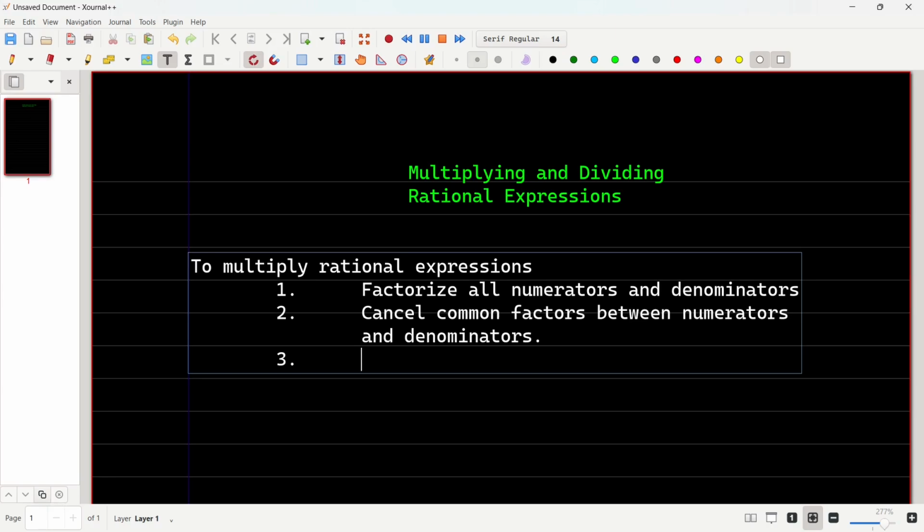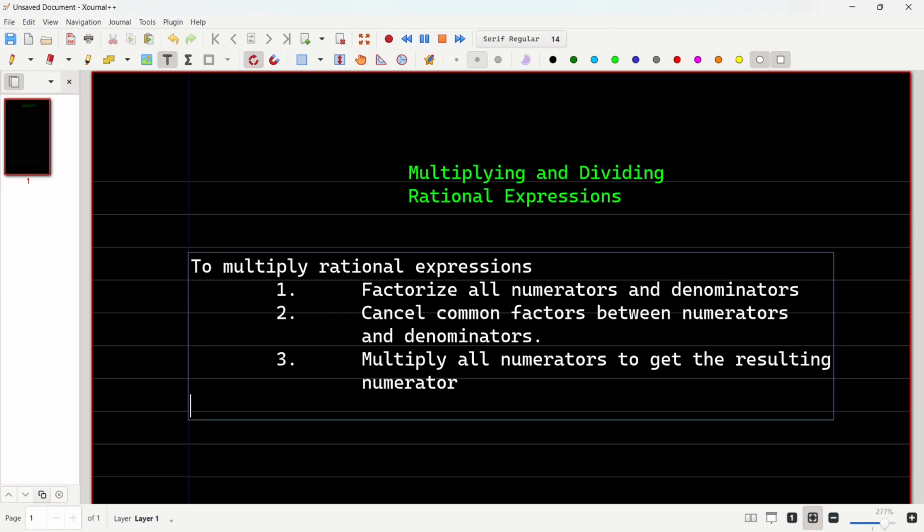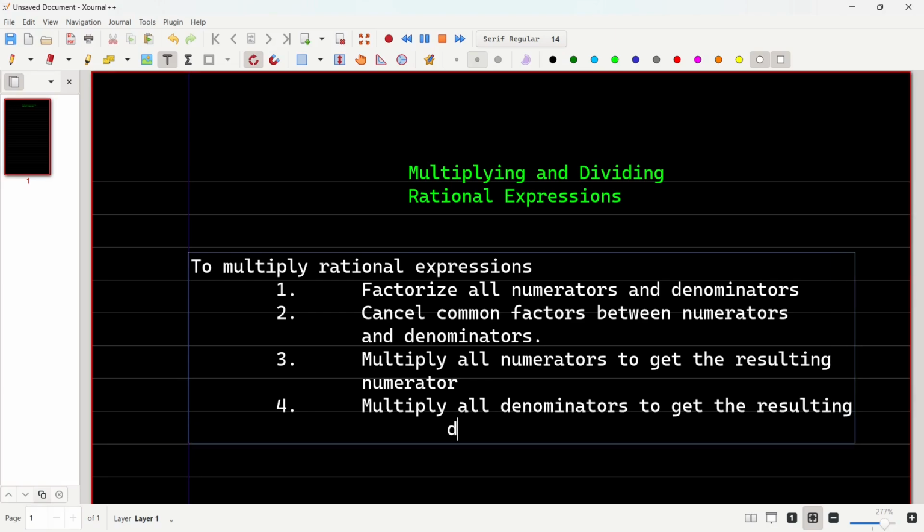Then the next thing that we're going to do is multiply all numerators to get the resulting numerator, and then, we're going to multiply all denominators to get the resulting denominator.